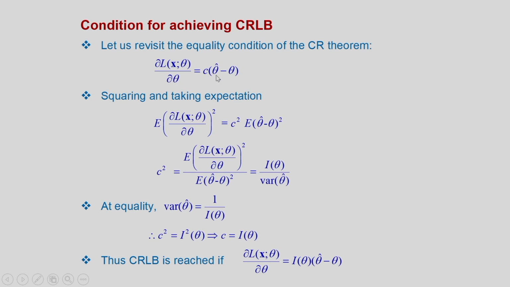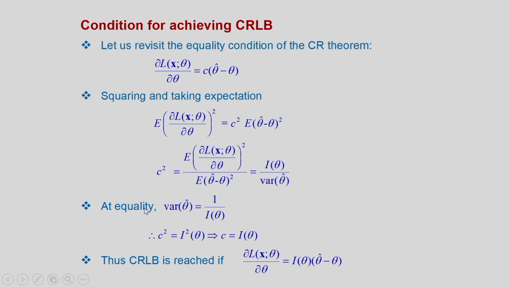From this we get C square is equal to E of (del L del theta) whole square, that is I(theta), divided by E of (theta hat minus theta) square, that is equal to the variance of theta hat. So, this is the expression for C square which we derived in the last lecture.